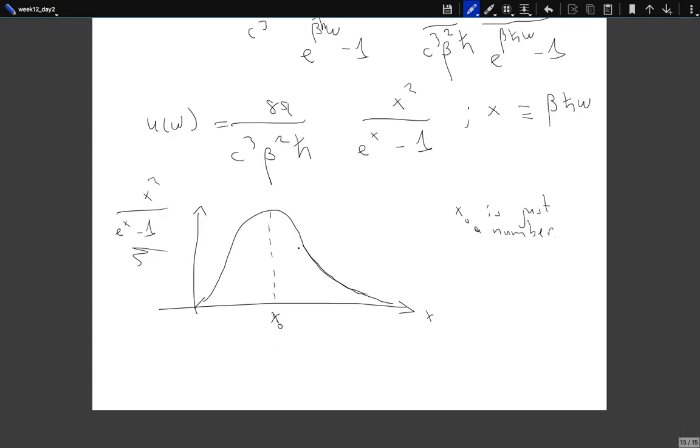So it basically tells me that the maximum frequency is determined by beta h bar omega max is equal to x0, or omega max is equal to x0 over h bar times kT.